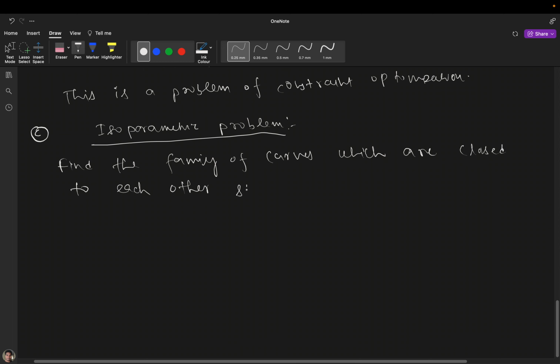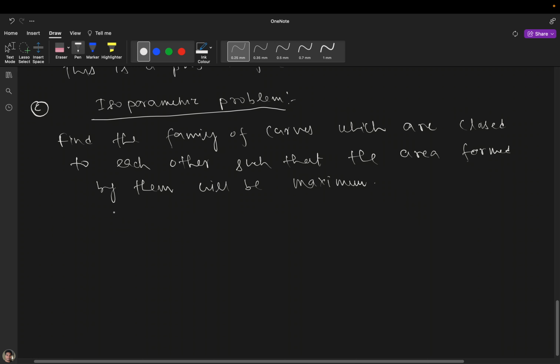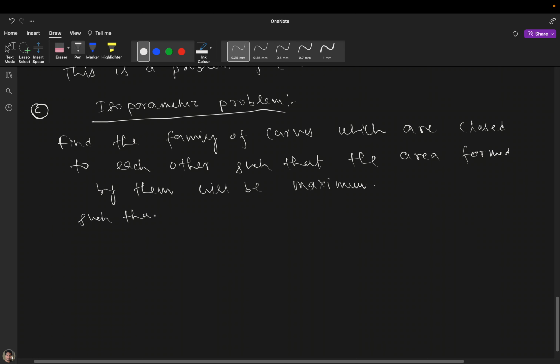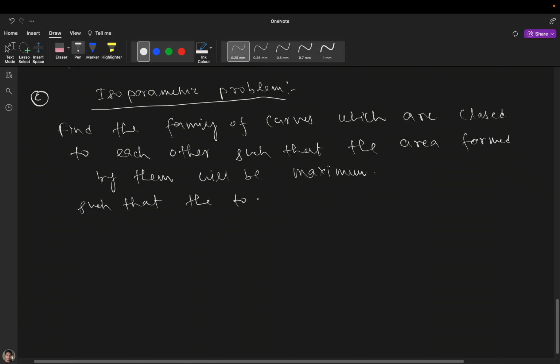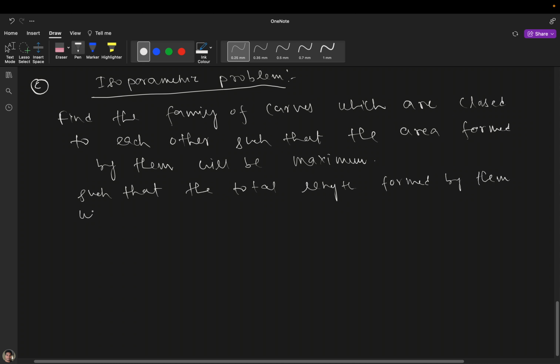such that the area formed by them will be maximum, and there is one more condition, such that the total length formed by them will be L. Are you getting my point?